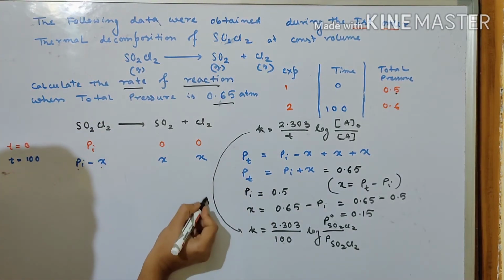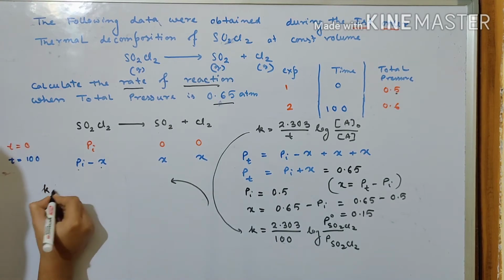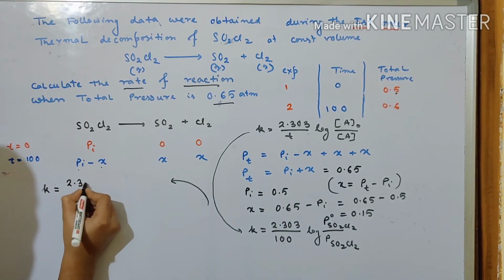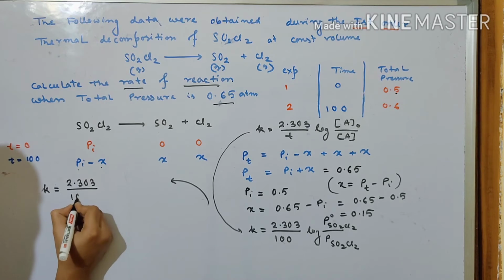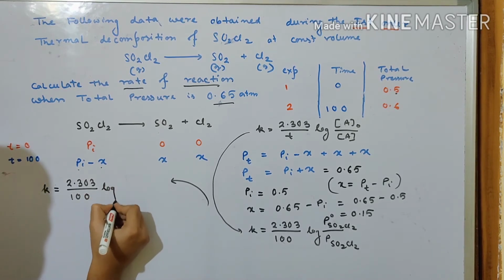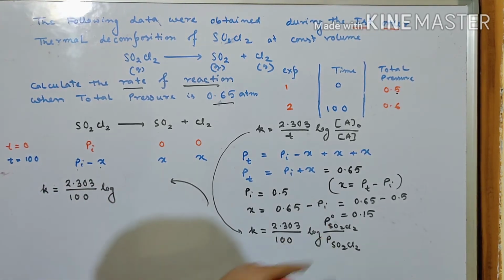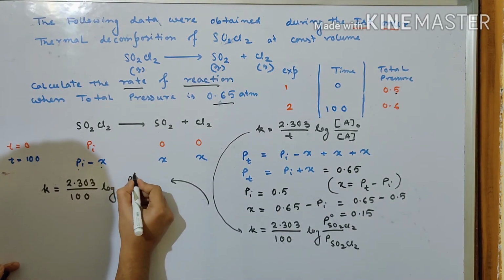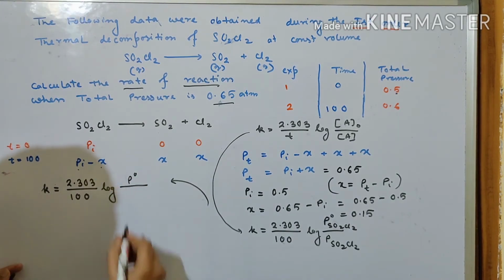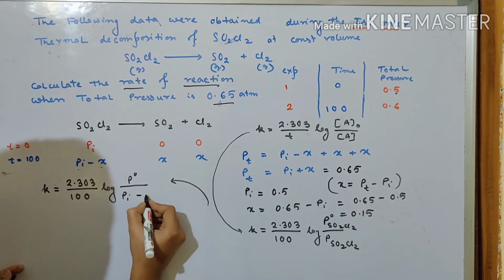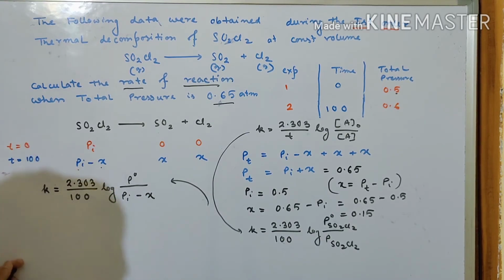So from here we should be writing K is equal to 2.303 by 100 log of this value, which is P0 divided by Pi minus X.